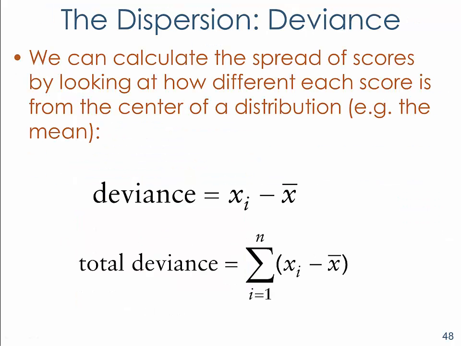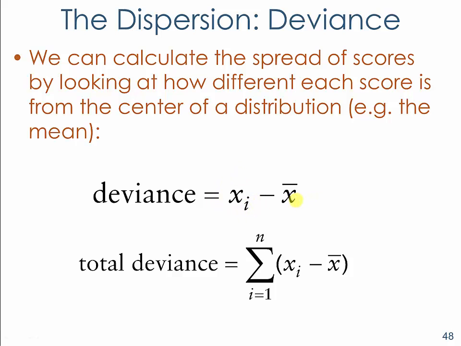Another form of dispersion is called deviance, and you may have heard the term standard deviation. We're going to work to get to the standard deviation, but deviance is the distance from an observation to the mean. In this case, we're talking about sample data, so x bar is our sample mean. So the deviance is the observation that we have found minus the mean.